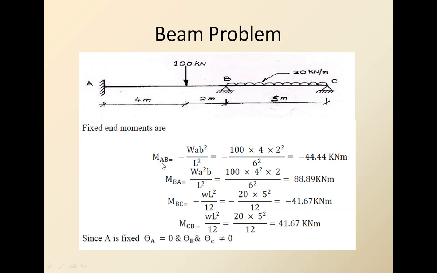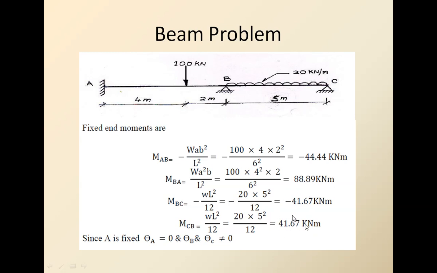This is MFAB, which is equal to minus Wab squared by L squared, which is minus 44.44 kilonewton meter. And at the right end we have the moment 88.89 kilonewton meter. So here it is anti-clockwise, here it is clockwise, the fixed end moments.